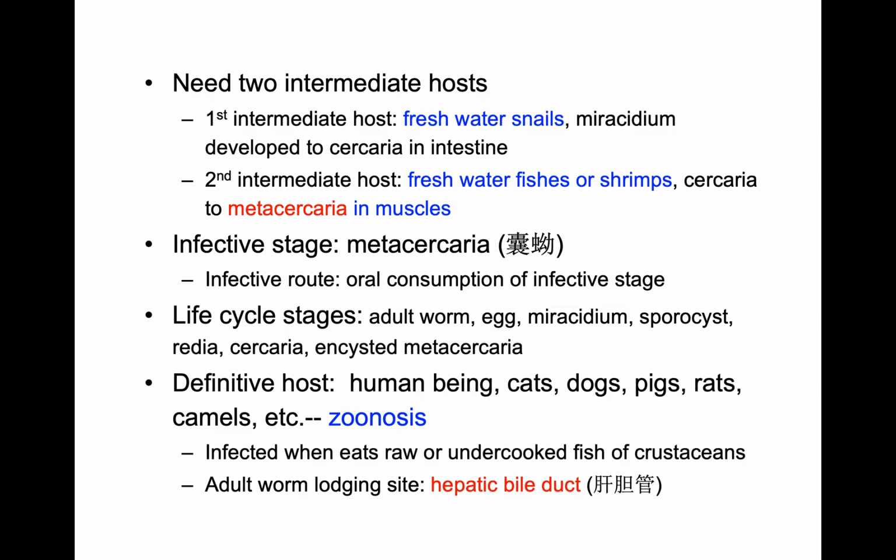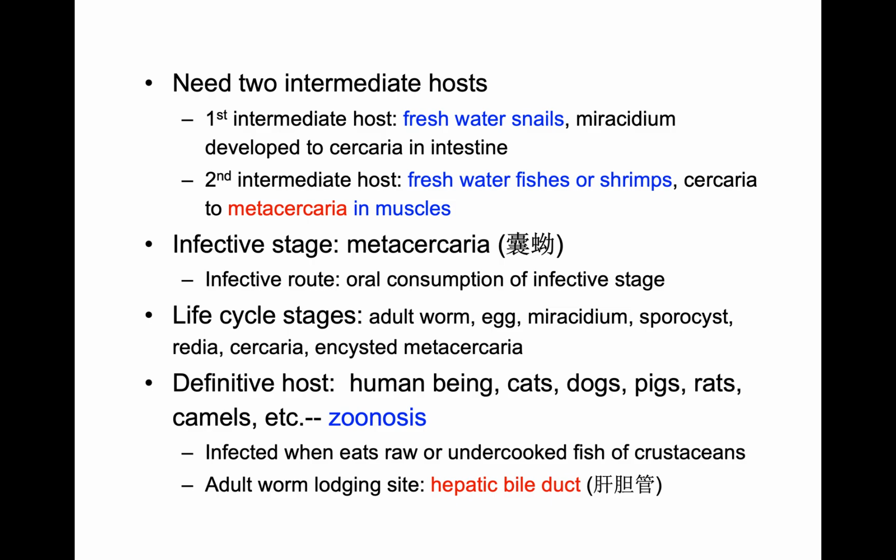So the disease is a zoonosis. People get infected from raw or undercooked fish or crustaceans. The adult worm prefers to live in the hepatic bile duct.